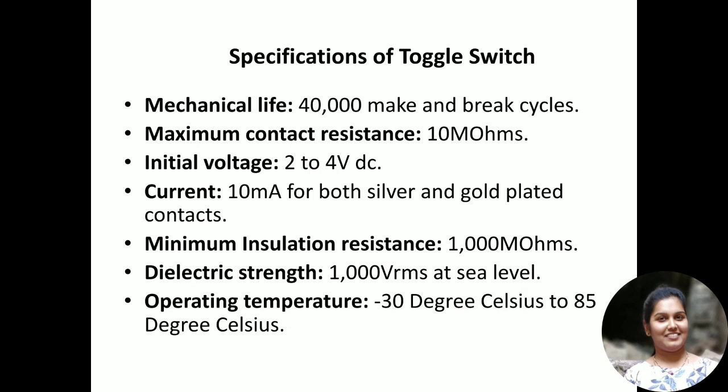When compared with the normal rocker switch, the toggle switch has a better performance. As it shows a better performance, rocker switches are being replaced by toggle switches these days. So let's check the specifications of the toggle switch.